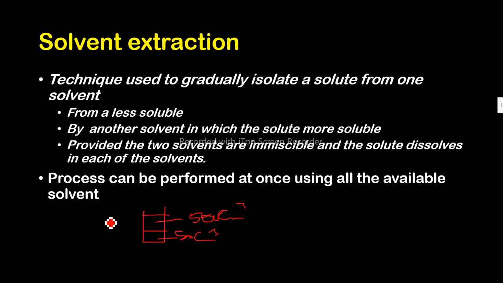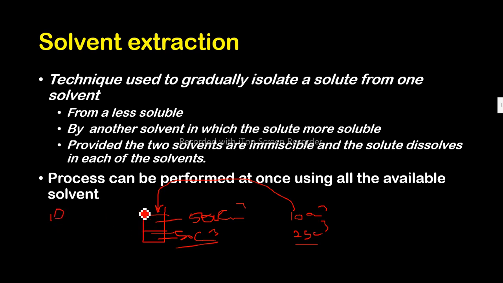Instead of using the whole 50, you divide this 50 into portions of 10 centimeters cubed, or portions of 25 centimeters cubed. So you get the 50, you pour there 10, you shake, and then you attain the equilibrium, and you isolate your 10.